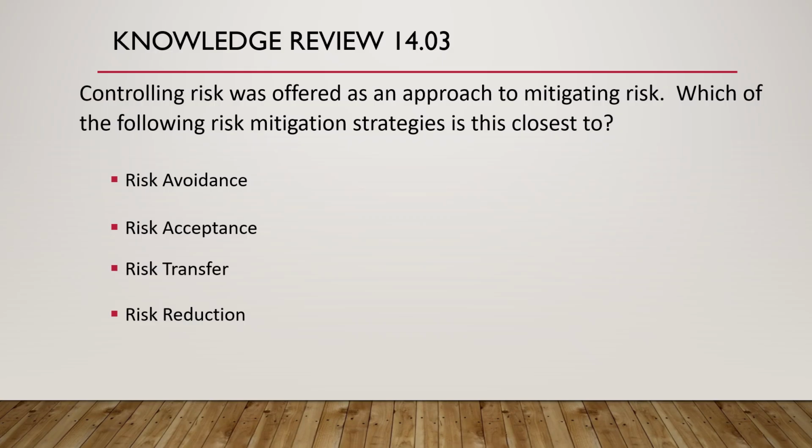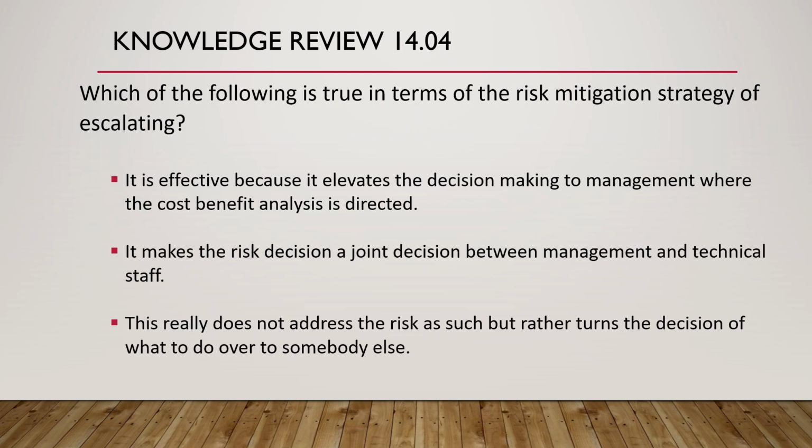Controlling risk was offered as an approach to mitigating risk. Which of the following risk mitigation strategies is this closest to? Risk avoidance, risk acceptance, risk transfer, or risk reduction? The answer to this question is risk reduction. Which of the following is true in terms of the risk mitigation strategy of escalating as presented in the lesson?